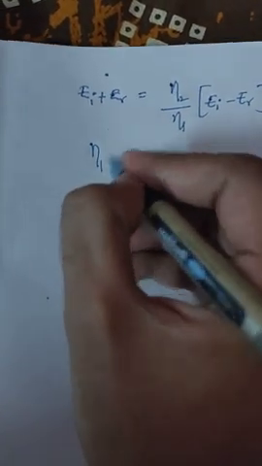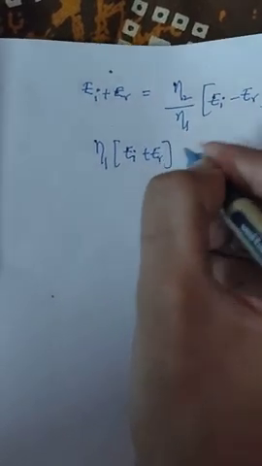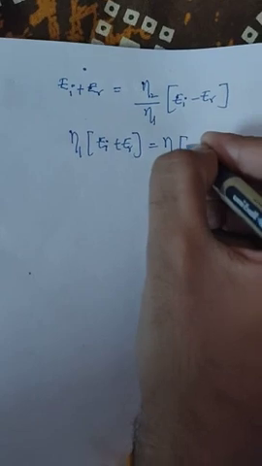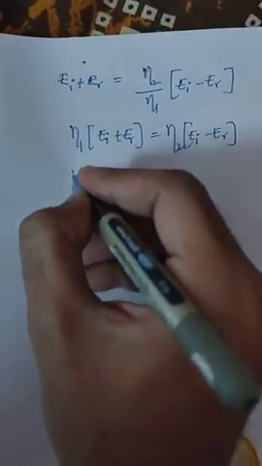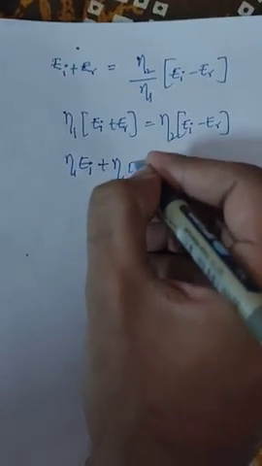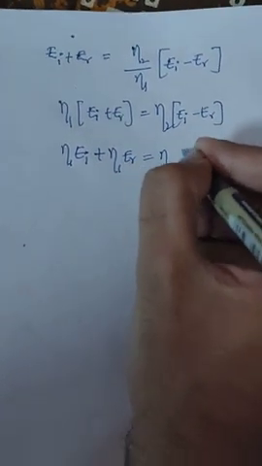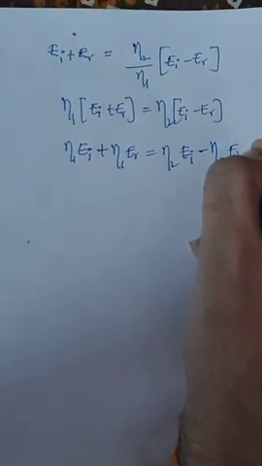Okay, now multiply on both sides by eta 1, so eta 1 (EI plus ER) is equal to eta 2 (EI minus ER). So eta 1 EI plus eta 1 ER is equal to eta 2 EI minus eta 2 ER.